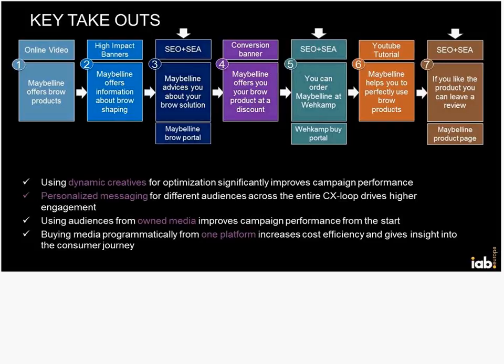Audiences from owned media, like we did in step 1, the TV commercial on YouTube, improved campaign performance from the start. And buying media programmatically from one platform increased efficiency across the entire campaign, and gave more insight into the consumer journey.